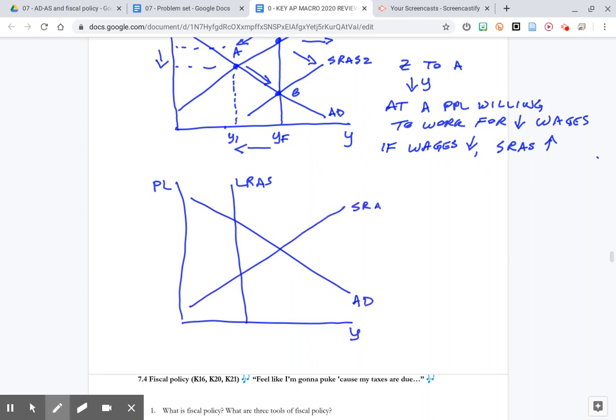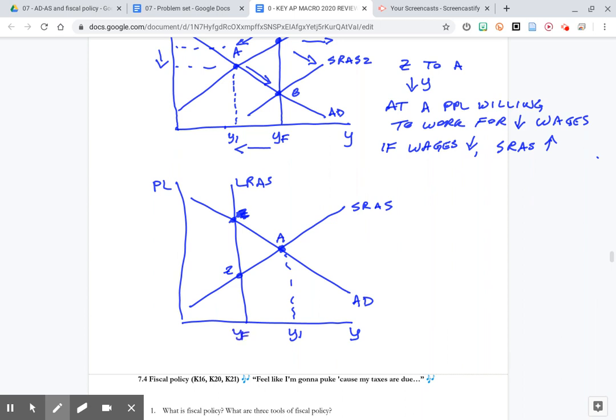So we've got SRAS and AD. Our current level of output is way out here, right? And let's say we used to be at point Z down here. And then we went to point A. Maybe aggregate demand increased is the typical explanation here.